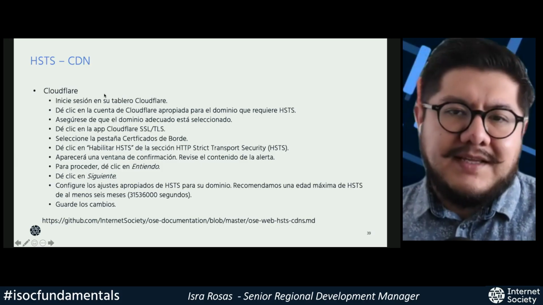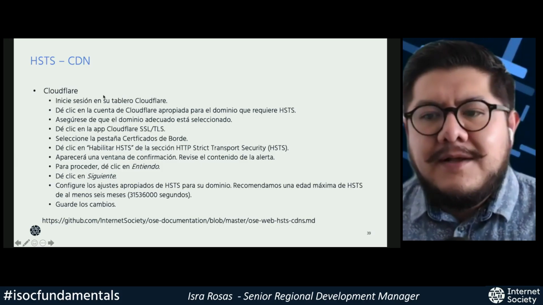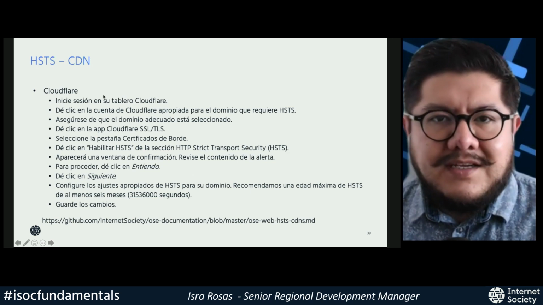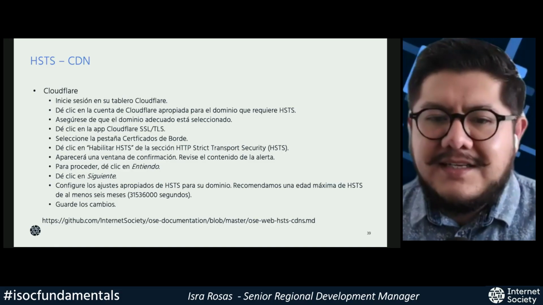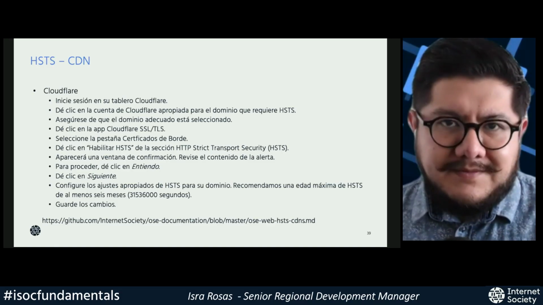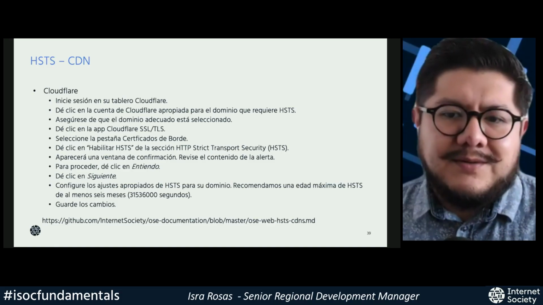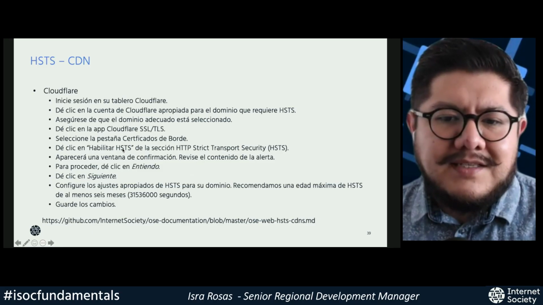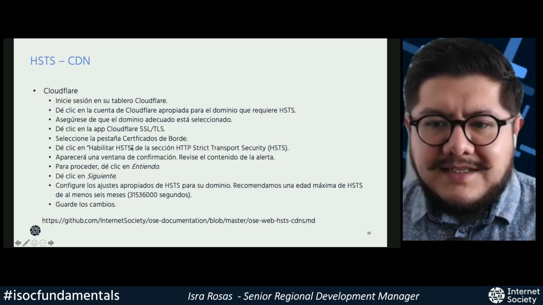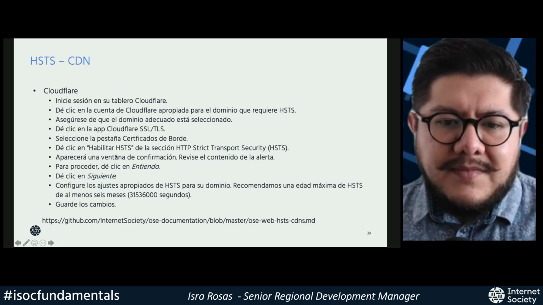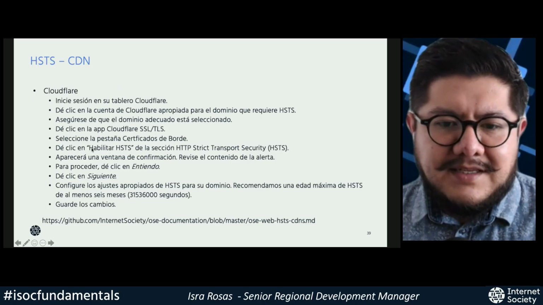Now for the CDNs in Cloudflare, for example, you have to log into your Cloudflare dashboard. You have to go to the appropriate Cloudflare account for the domain requiring HSTS. You ensure the proper domain is selected. You then go to the Cloudflare SSL/TLS app. Then you select Edge Certificates.